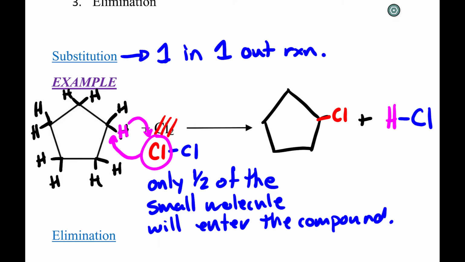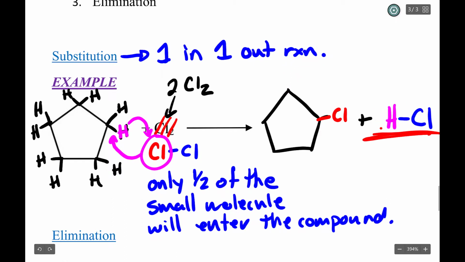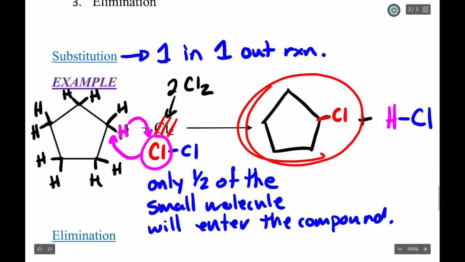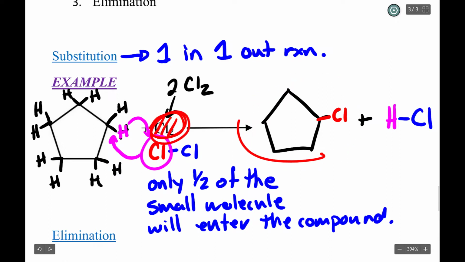So for instance, if this Cl2 had a 2 in front of it, it was 2 Cl2, what I would end up with is another Cl somewhere on here. I don't know, I'm just saying maybe it's up here. And I would be left with 2 HCl molecules as the byproduct. For every chlorine I want to add to this compound, I have to have another Cl2 molecule.